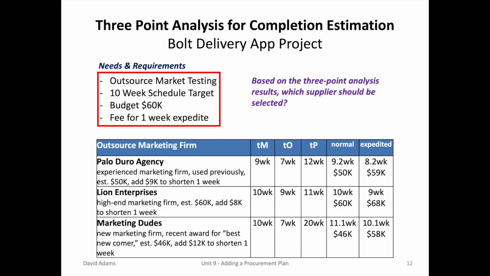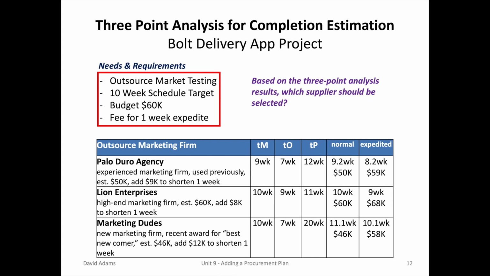The procurement team, using the PERT analysis, using the 3 points for the most likely, optimistic, and pessimistic, calculated the delivery for each of the suppliers. And as we can see, Palo Duro Agency, 9.2 weeks, meets. Line Enterprise, 10 weeks. But the Marketing Dues, the most likely, normal with the 3 points, 11.1 for $46,000.